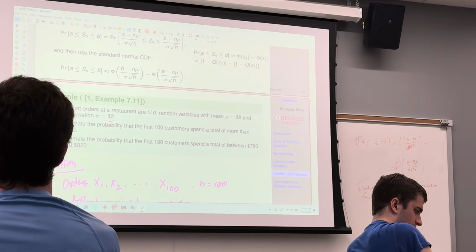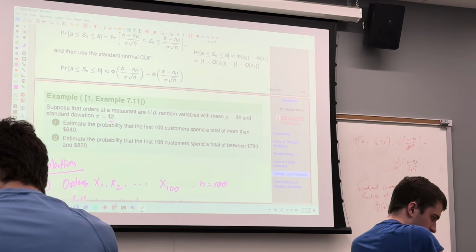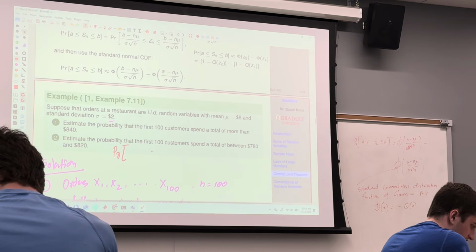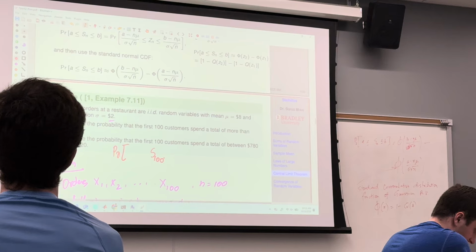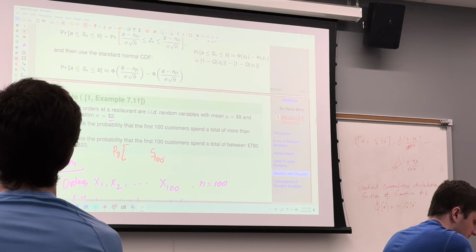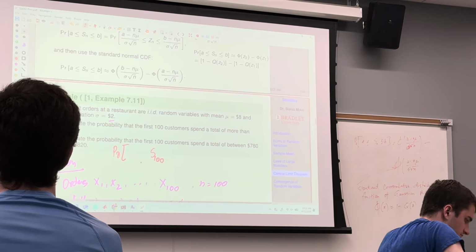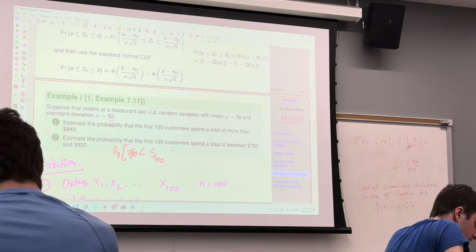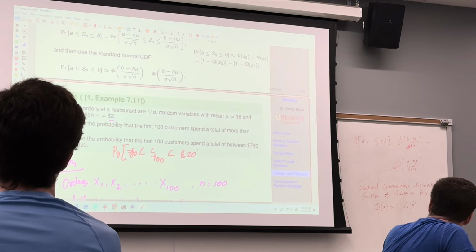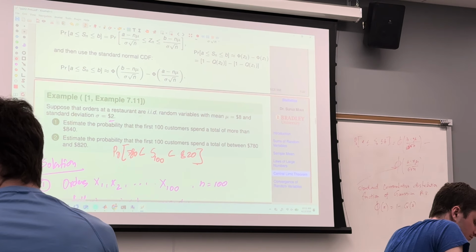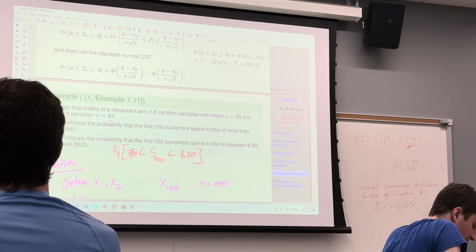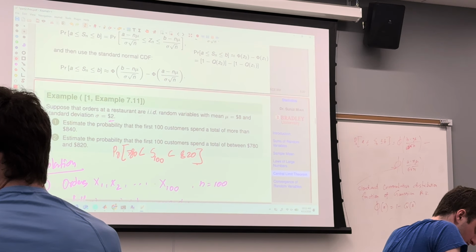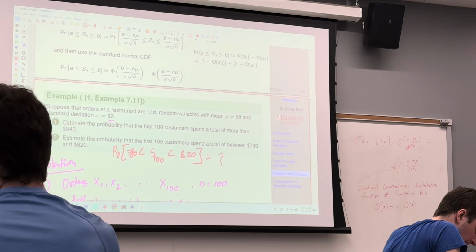So we just want to find the probability that the total amount of orders is going to be between $780 and $820. What is the probability that the owner will have this income for the first 100 customers? Okay, so that's all.